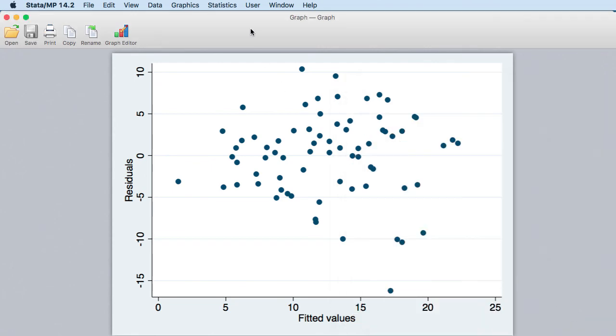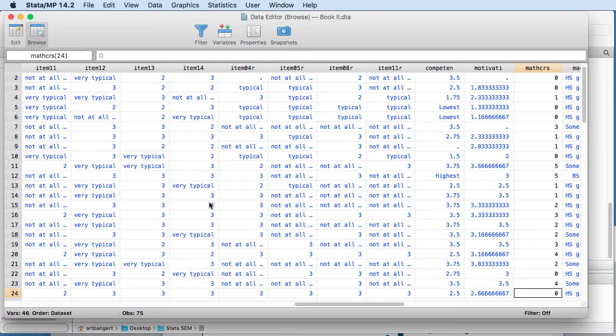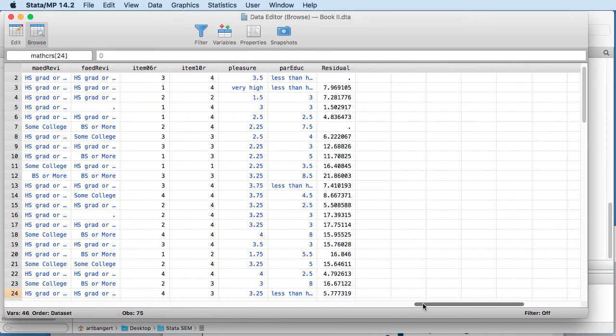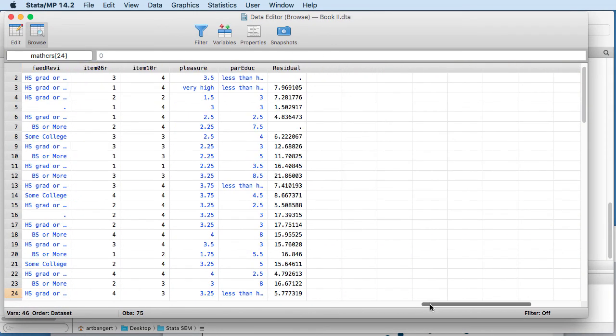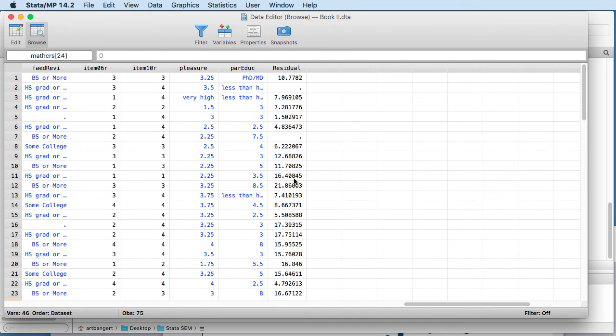And I'll cancel that, and I'm going to go back up here to browse. And if I go to the end of my data, you can see here are the residuals. So it created a new variable for me.